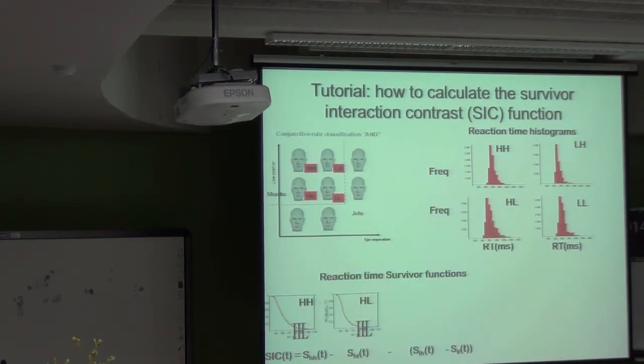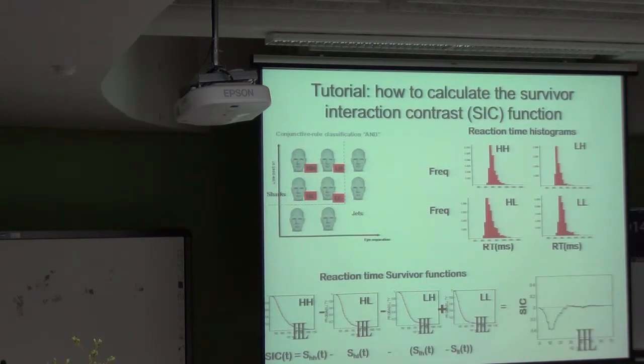So do this 4 times, and we see that each survivor function corresponding to observed data is aligned with the particular expression here. Survivor function for low, low, survivor function for high, high, this is the survivor function. And we have to find the double difference between these 4 functions. Plug in appropriate symbols here, minus, minus, plus, and the resulting function, boom, it looks like this.